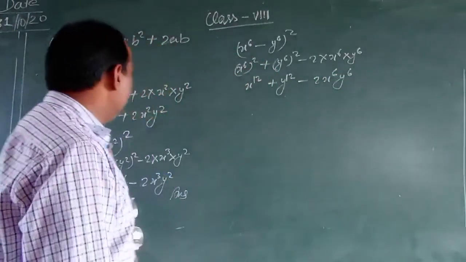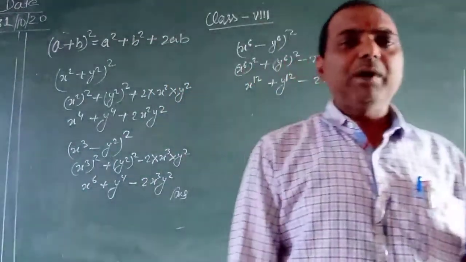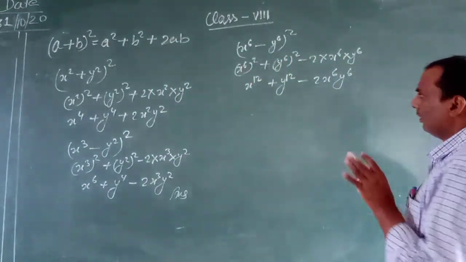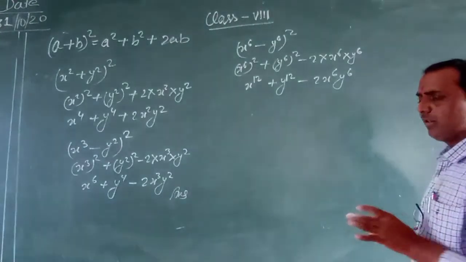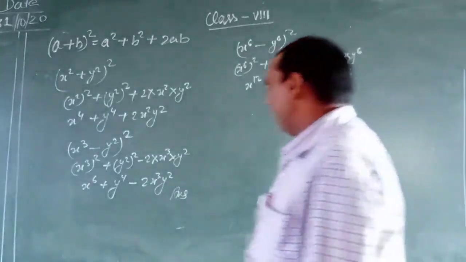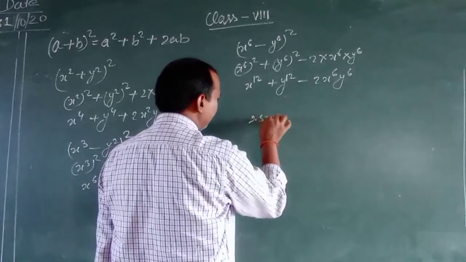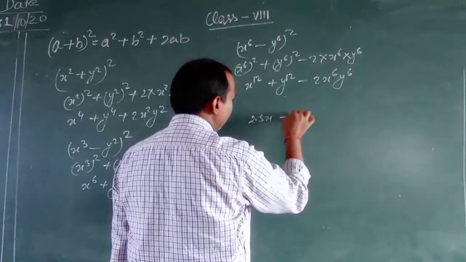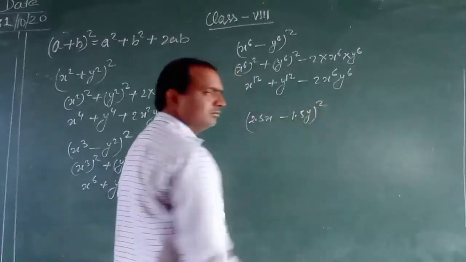इस तरह से जो है हम (a plus b) का होल स्क्वायर या (a minus b) का होल स्क्वायर के बेस पे हम डिफरेंट टाइप्स के क्वेश्चन को सॉल्व कर सकते हैं। Here it may be as also (2.5x minus 1.5y) whole square.